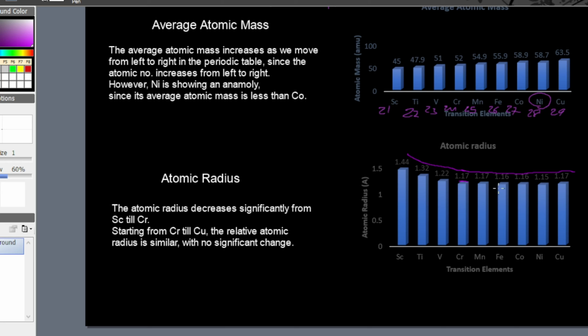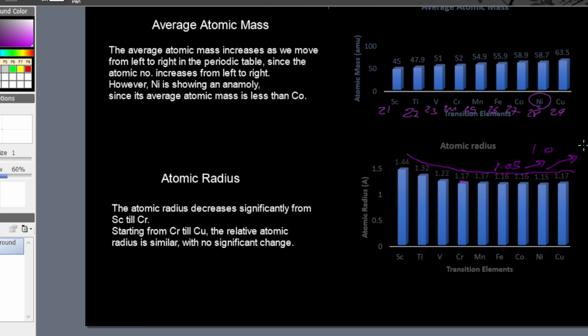But what was expected for iron and cobalt and nickel and copper is that the atomic radius will decrease significantly. So it would be like, for example, 1.05 in case of iron, and in case of copper, 1.0 or whatever. I'm just giving you some fantasy numbers.